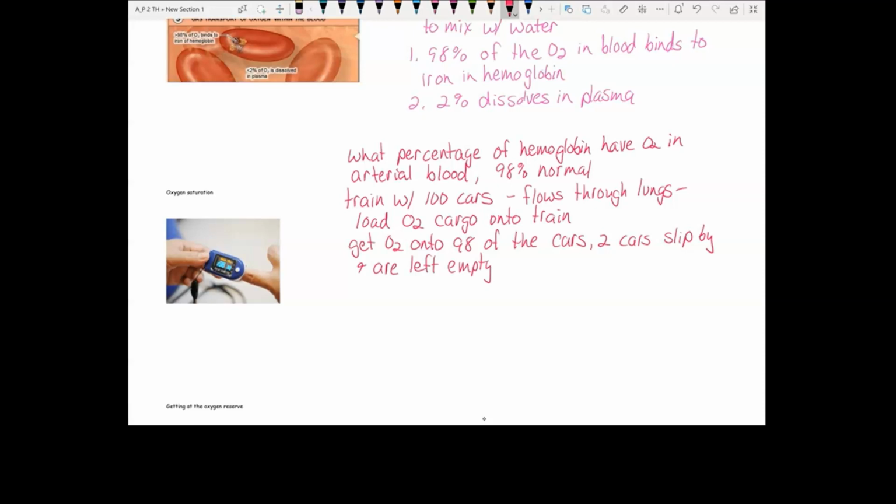This would be a 98% O2 saturation. 98% of your hemoglobins are carrying oxygen in your arterial blood. This is what is being taken out to your cells.